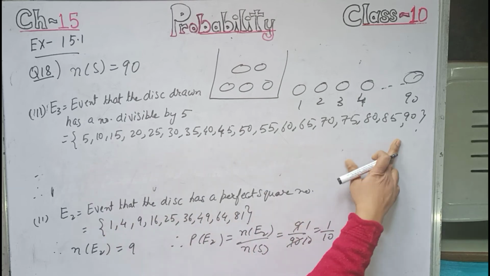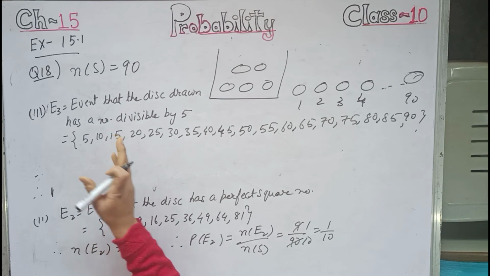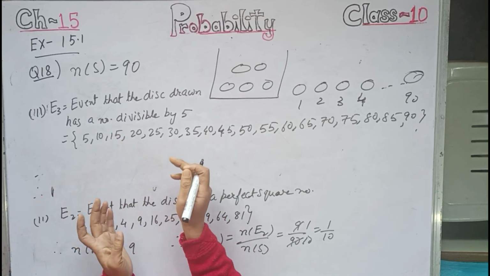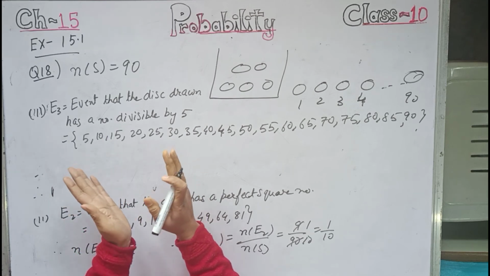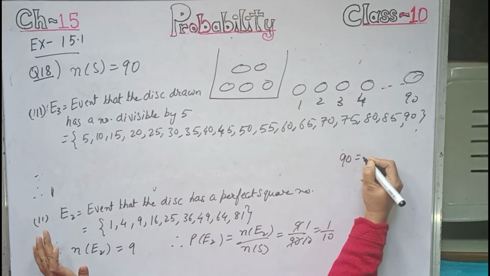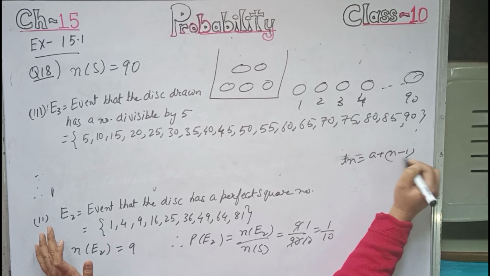So in spite of writing all this, we can find the number of numbers between 1 to 90 which are divisible by 5 by the arithmetic progression formula, that is tn equals to a plus n minus 1 into d.